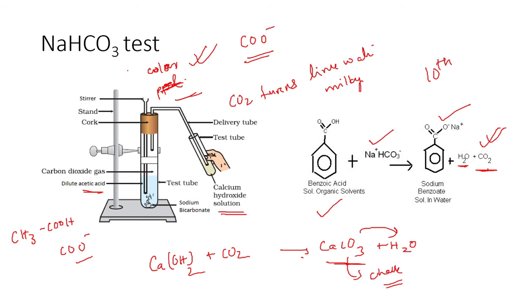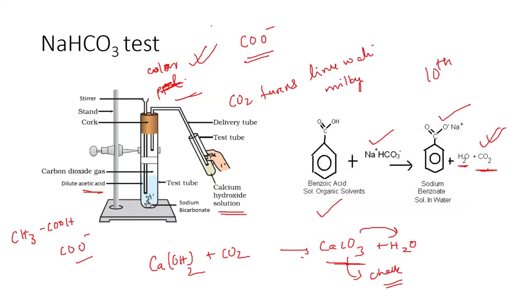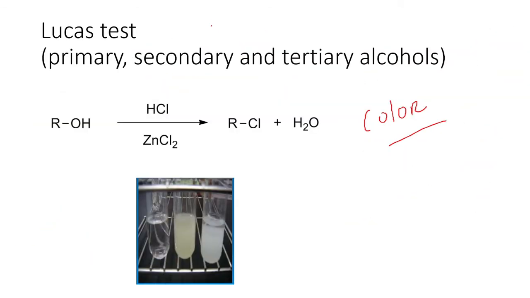Before going to the Tollens test, I'm telling you that the Lucas test is between primary, secondary, and tertiary alcohol, right? But what if you are asked to differentiate between an aromatic alcohol and an aliphatic alcohol?